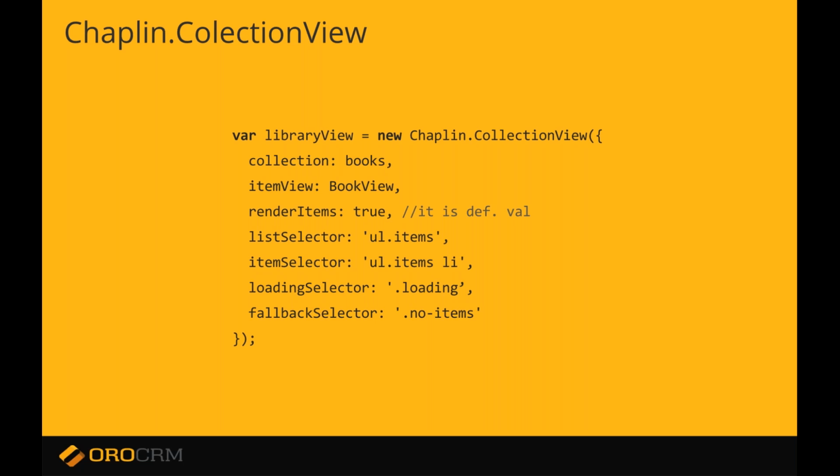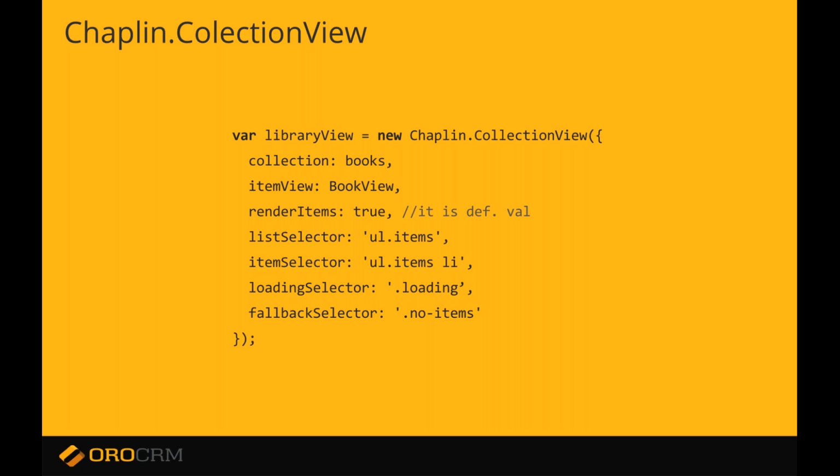Once collection change its state to syncing, user will see a loading element. So he will see loading mask. And once collection is fetched, user will see all items rendered by item view inside of list selector.